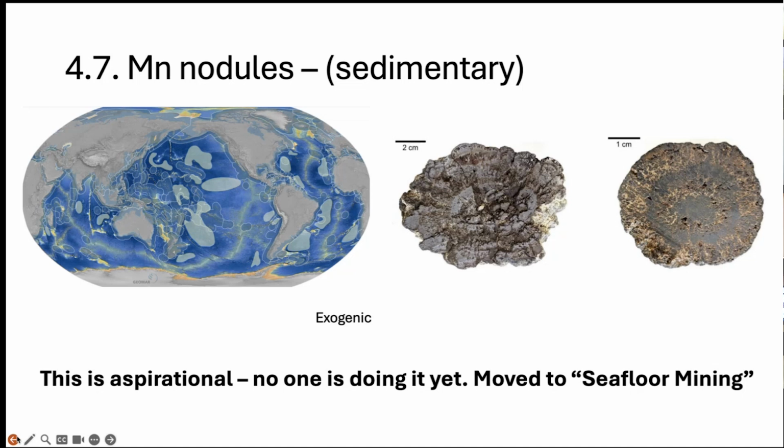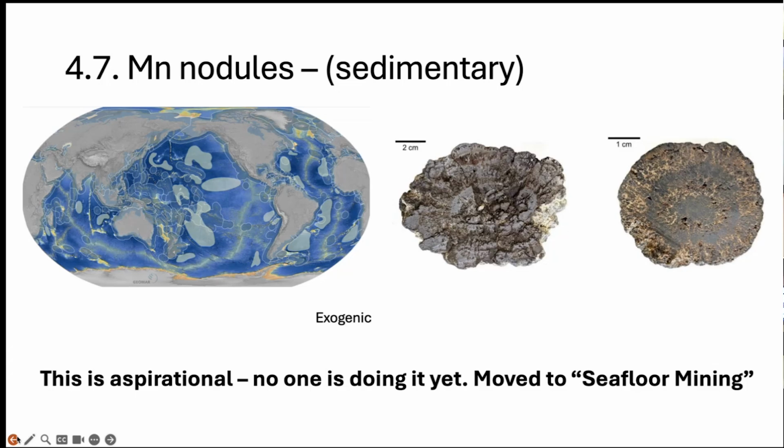Manganese nodules form diagenetically and hydrogenetically. So they form from direct precipitation from seawater in the tops, and then from below they can grow diagenetically. And the extent to which microbes are involved, I'm not 100% sure, but undoubtedly they are, because they're typically involved in most low temperature processes.